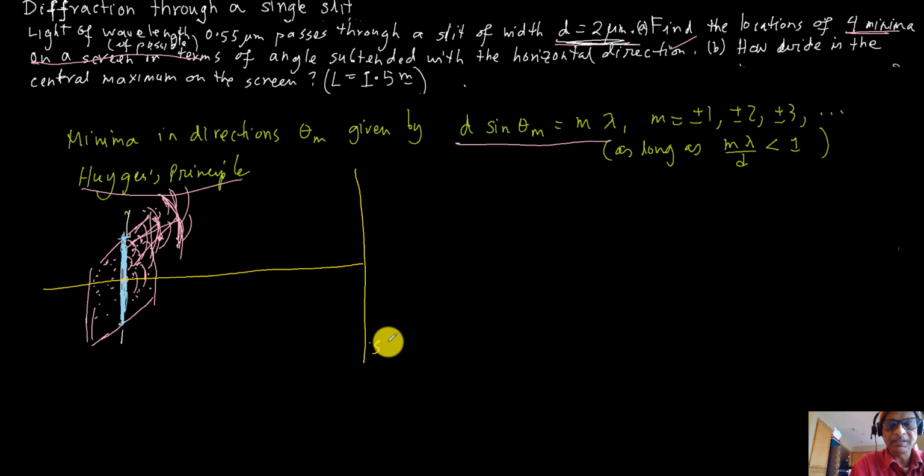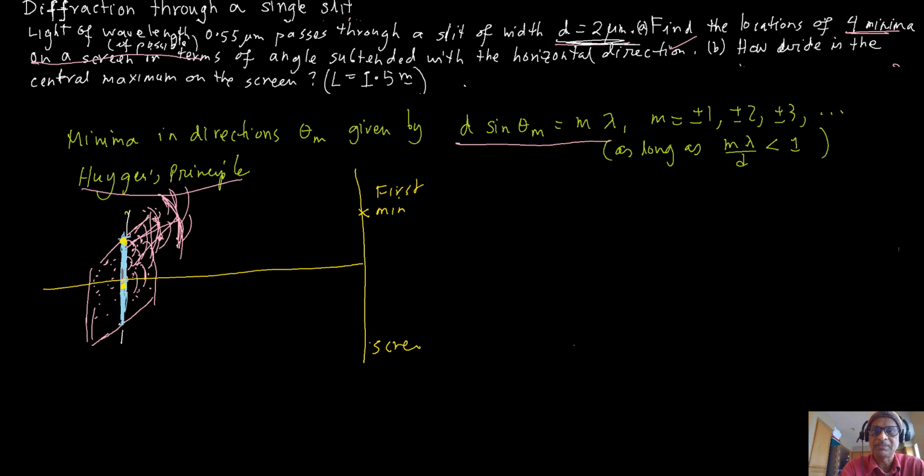As the screen is here, where is the first minimum above that horizontal line? Well, there will be destructive interference here. A minimum means no light there. That point originating here and a wave originating the very first over there, they kill each other.